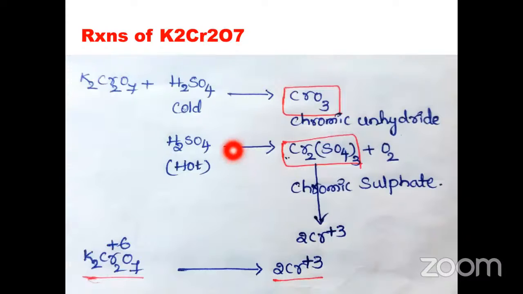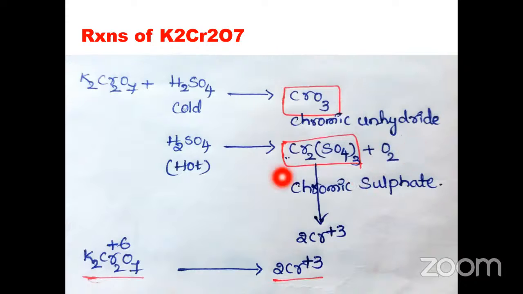The reaction of potassium dichromate, K2Cr2O7, with cold H2SO4 forms CrO3, that is chromic anhydride. If it reacts with hot H2SO4, it forms Cr2(SO4)3 and releases oxygen.